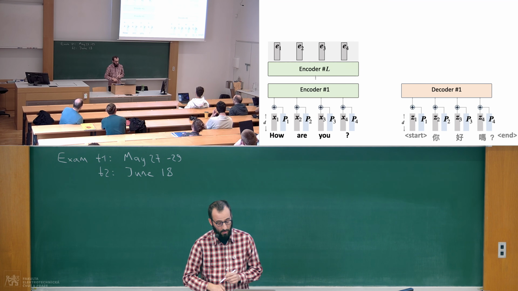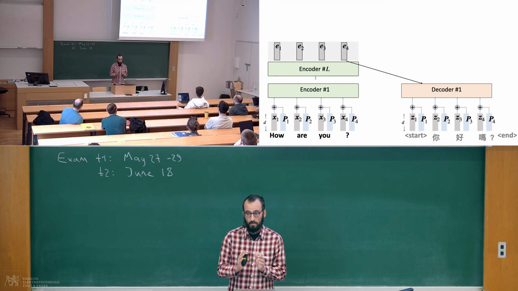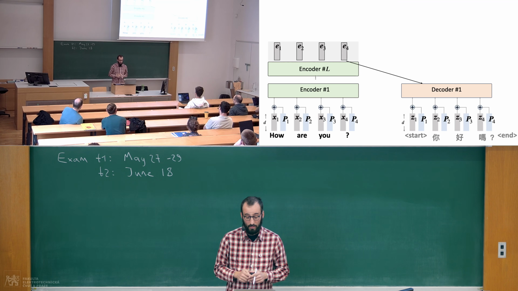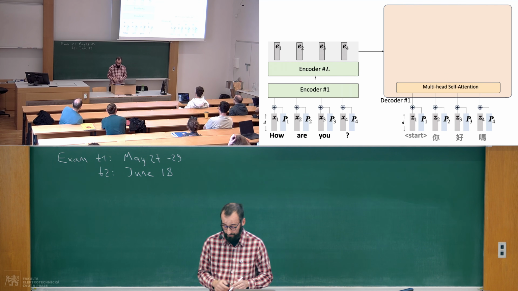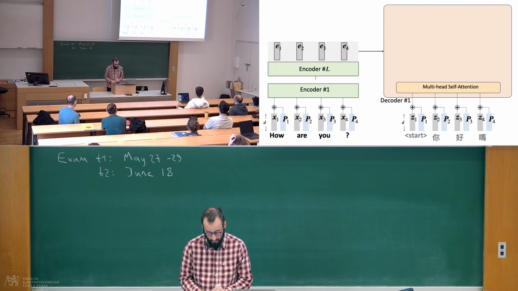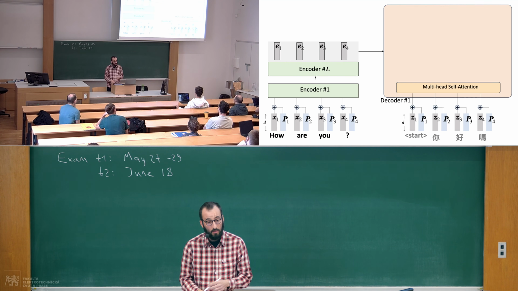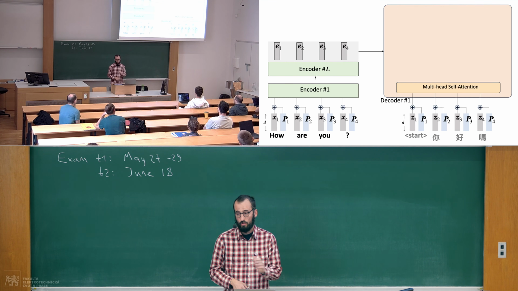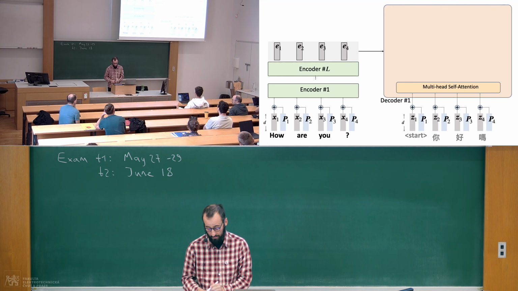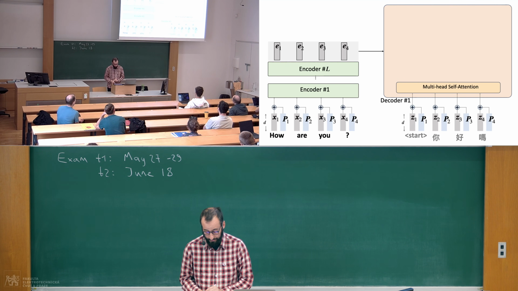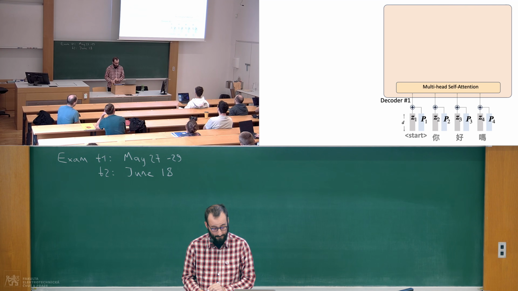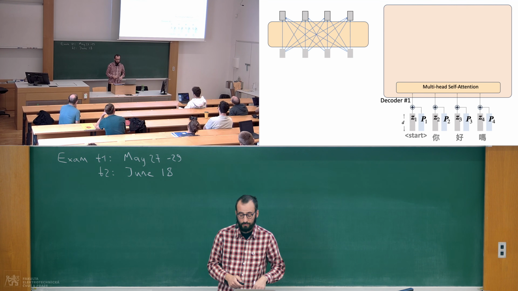Okay. Good. So, what happens inside this black box so far? Multi-head self-attention, identical to the encoder. So I'm attending to the predicted words so far. We're going to explain how this happens.